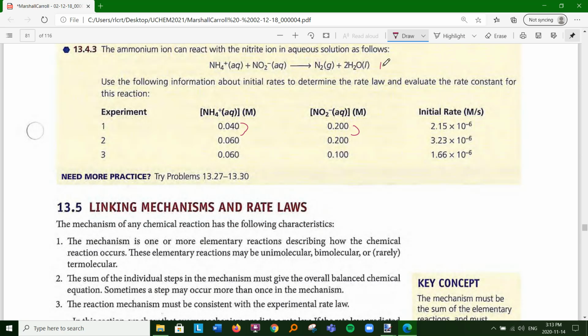Therefore, the rate is K times NH4 plus to the first power. Now we've got to look at the NO2 minus, so this is constant. Here's a hint. The brain likes it better when you talk about increasing than decreasing, so go from 3 to 2 rather than 2 to 3. It's just easier to handle. So that doubles. 3.23 divided by 1.66 is 1.95, close enough.